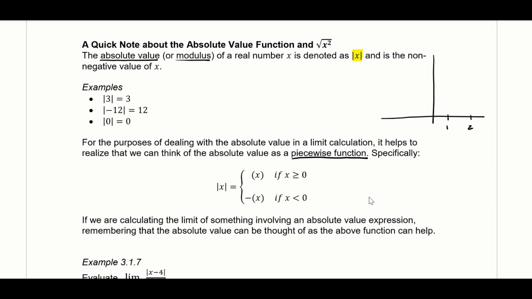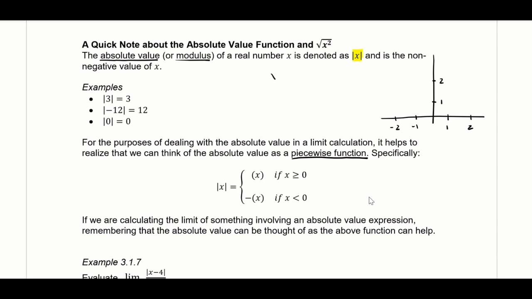So I'm just going to draw a tiny little visual here for us. Let's say that our graph looks like this, and we're dealing with this absolute value function. Let's say we want to plot the absolute value function. So let's see what that looks like.